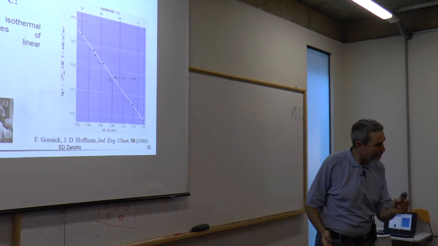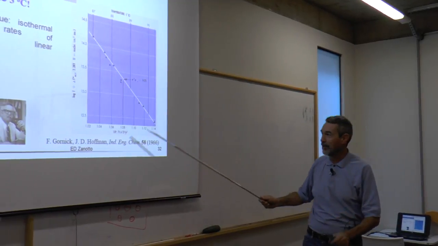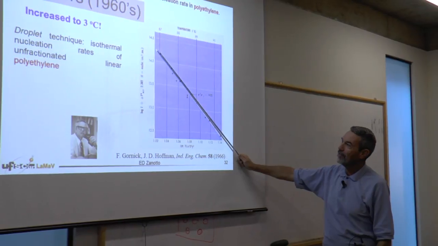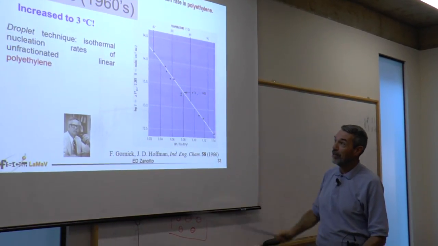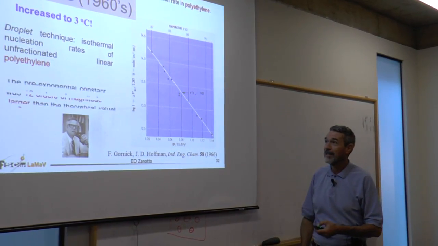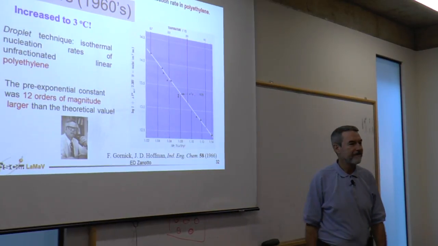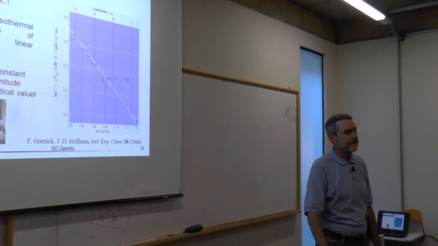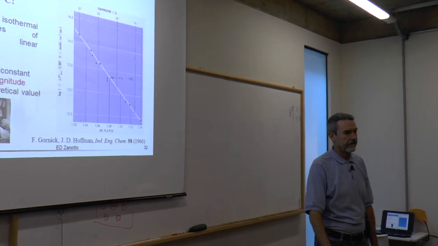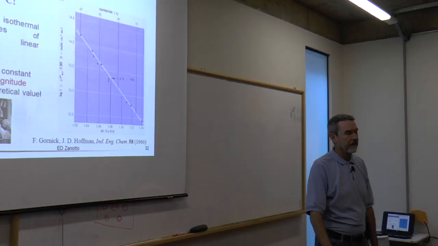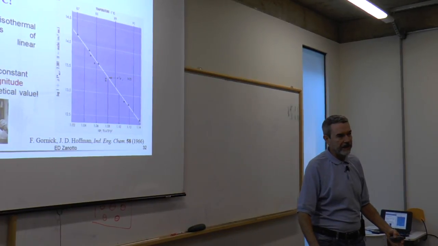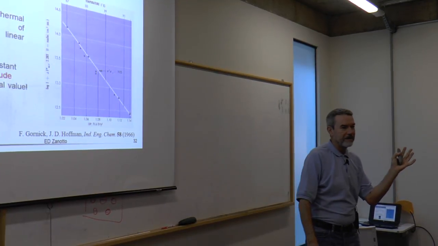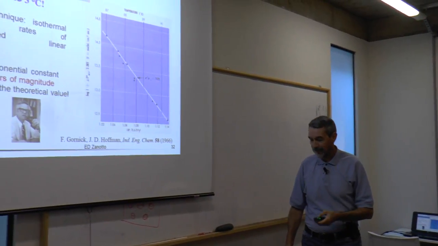In the range of temperatures where he was able to measure, he was able to fit a straight line here, this is the original plot, and the result, 12 orders of magnitude larger error. Apparently this is a better experiment, but the error was larger.